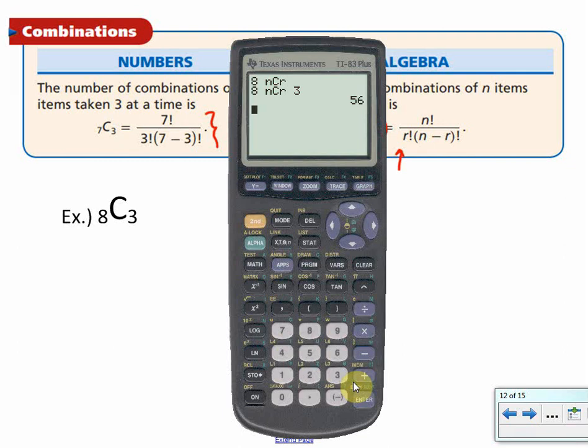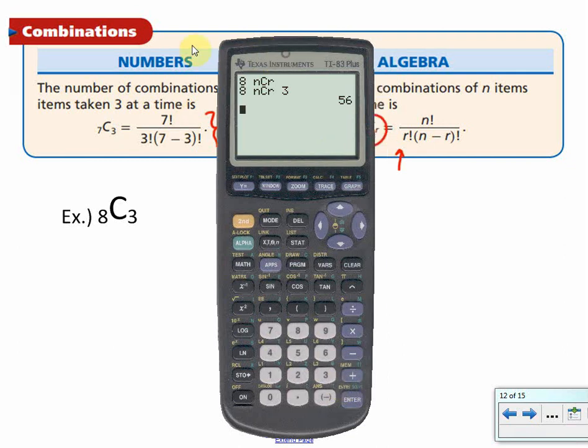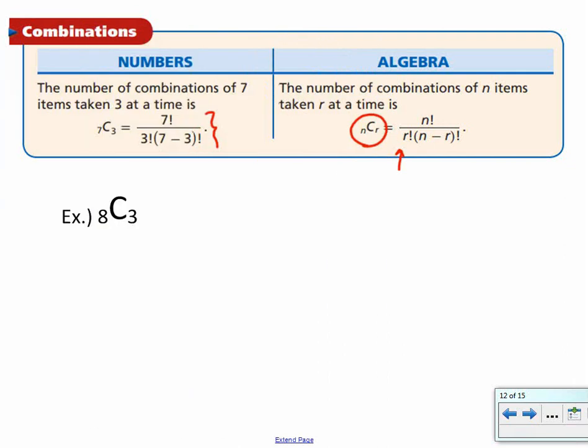It gives me 56. So 56 different combinations. In general, there are fewer combinations of items than permutations. Since the order is not important, it kind of narrows down your unique number of groups.